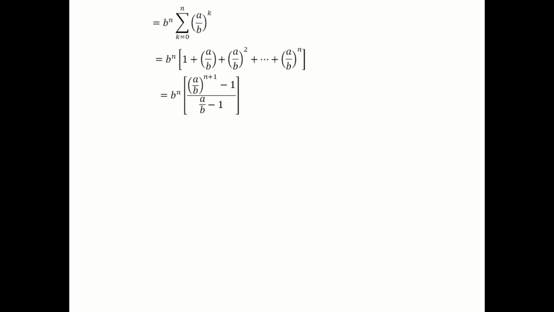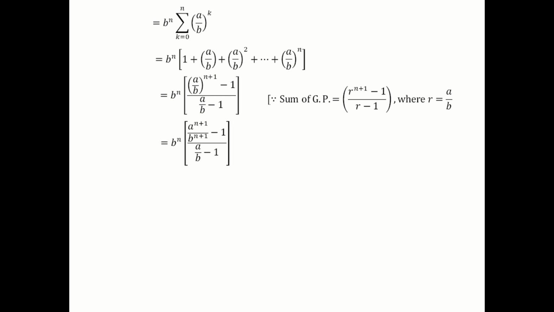So for the nth term, the summation of a GP is (a by b) whole power n plus 1 minus 1, by (a by b) minus 1. The sum of a GP is r power n plus 1 minus 1 by r minus 1. Here r is equal to a by b.